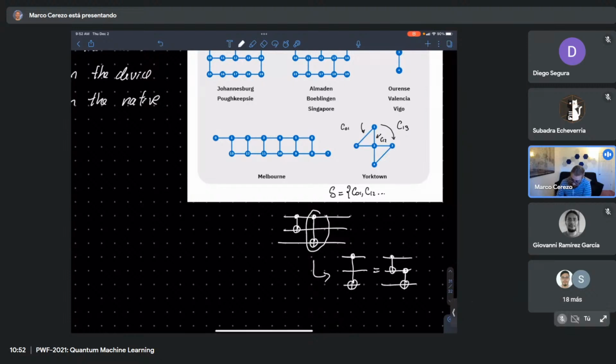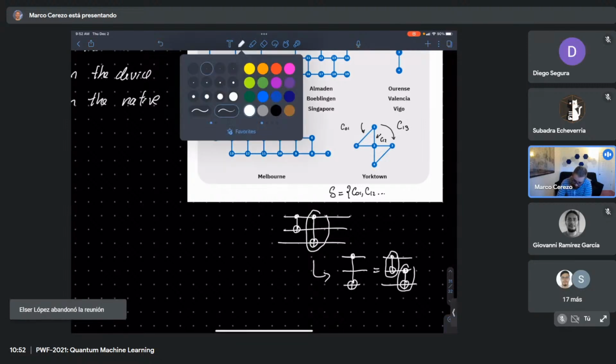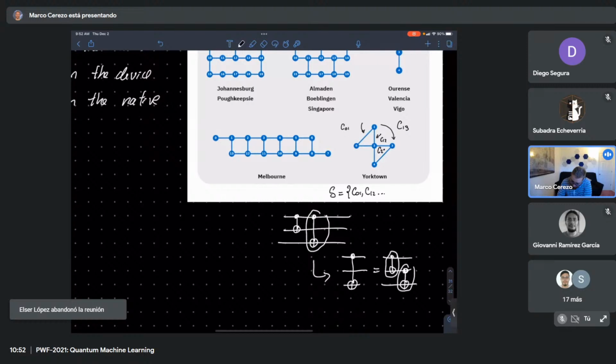So you can see that at the end of the day, we're going to build our quantum circuit with just gates that are actually native, because we already know from here that we can connect qubit 2 with qubit 3. So whenever we're actually writing a quantum circuit, we have to be very much aware of what is the quantum device that we're going to be using, because maybe you're just going to write a circuit that has a given set of CNOTs, but in practice you're not going to be able to implement this.